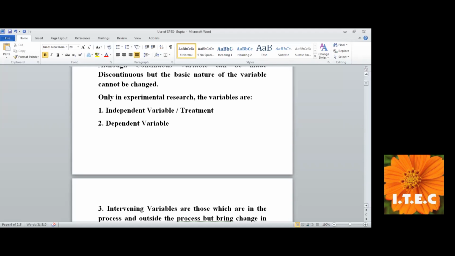This is an important point. Your independent variable or your treatment is always a discontinuous variable. And your dependent variable will always be a continuous variable.